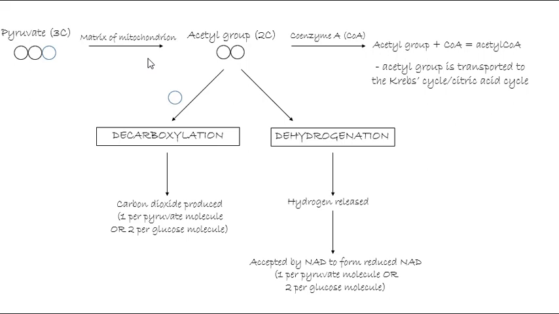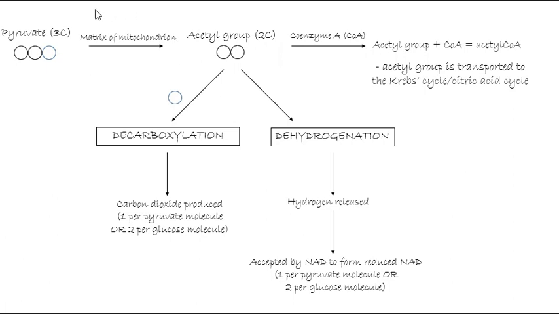Now once the pyruvate molecule, which has 3 carbon atoms, enters the matrix of the mitochondrion, it is converted into a 2-carbon molecule which we call the acetyl group. This 3-carbon pyruvate molecule is converted to a 2-carbon molecule called the acetyl group.